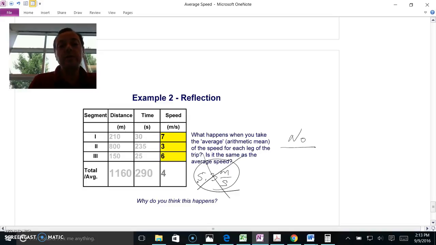So to get the average speed, you have to take total distance and divide by total time. I hope that makes everything about average speed much clearer.